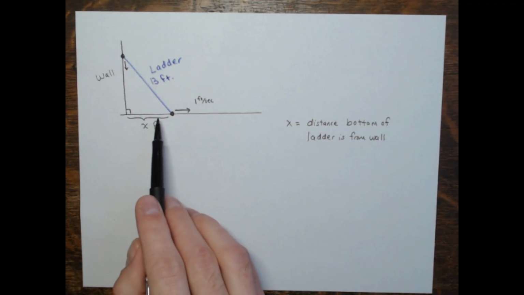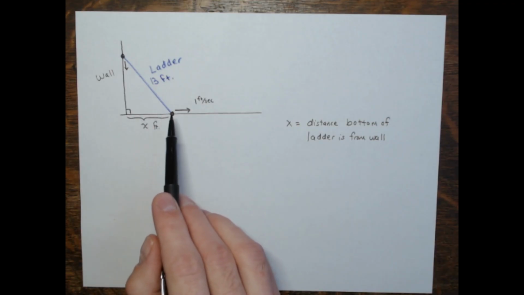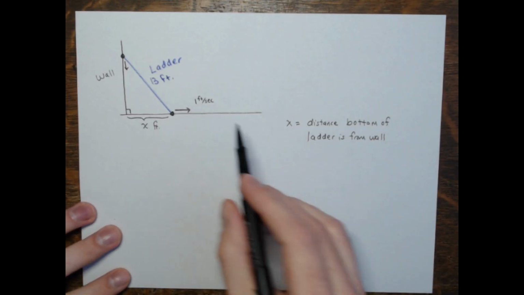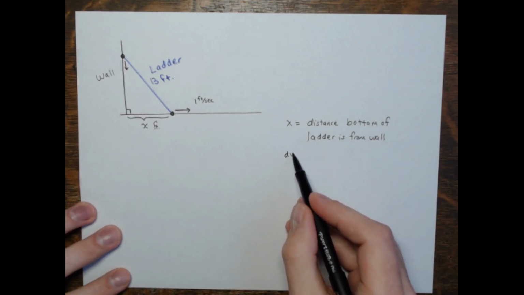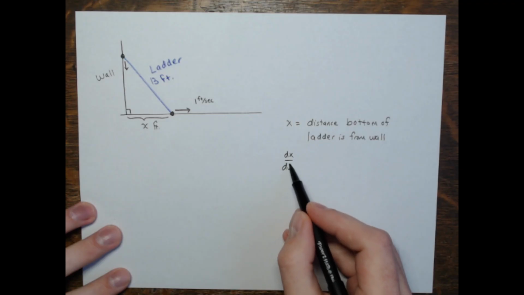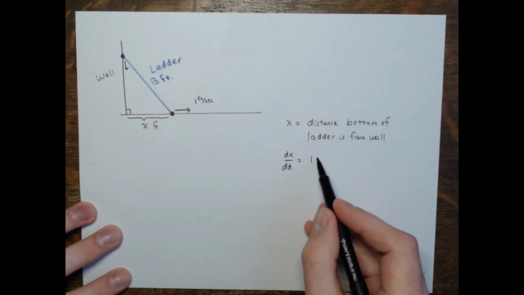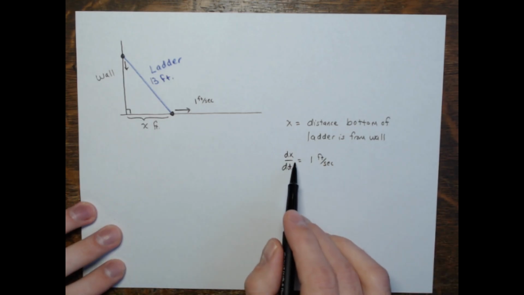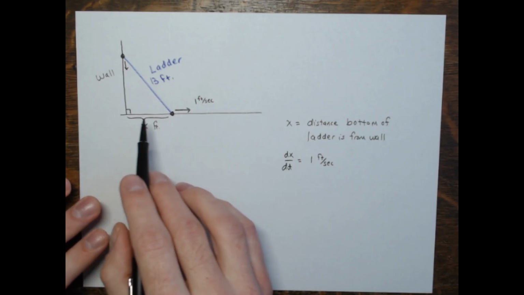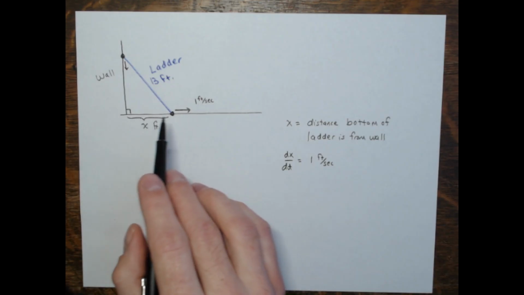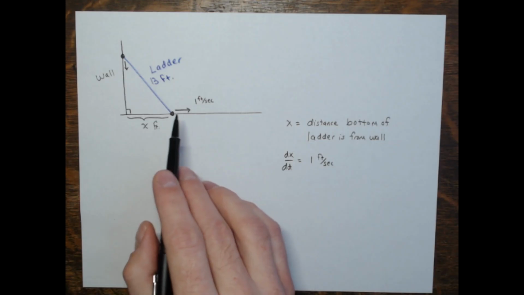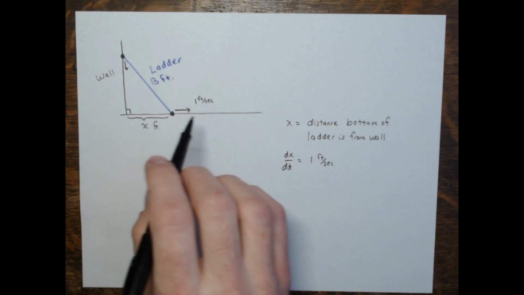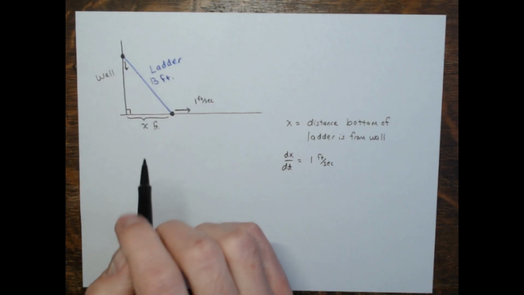You see how that would change as time goes on? And they tell us how fast it'll change, right? They're giving us dx/dt is positive, 1 foot per second. And it would be positive because this would be an increasing quantity. X would be growing as we pull the ladder away from the wall.